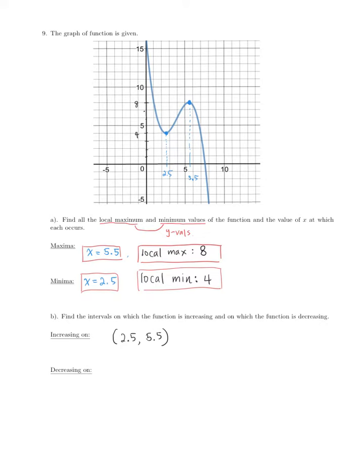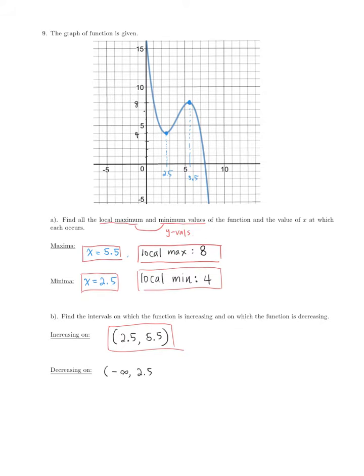Okay, and then let's go with, sorry, I'm just going to box this. All right, decreasing. So it looks like it's going to decrease from negative infinity to 2.5. We're looking at the x values, by the way, when you're looking at where the function is increasing or decreasing. So you're going to have negative infinity to 2.5.